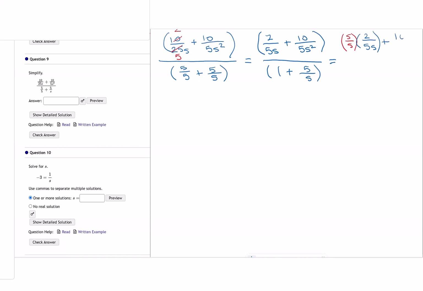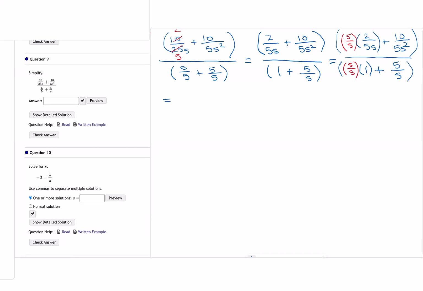Here I have 10 over 5s squared. And I'm not going to change that at all because that's perfect. Again, I'm going to multiply the 1 by s over s. And then I have plus 5 over s. And that's in my denominator.